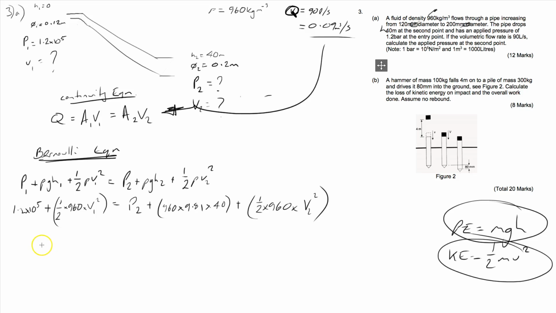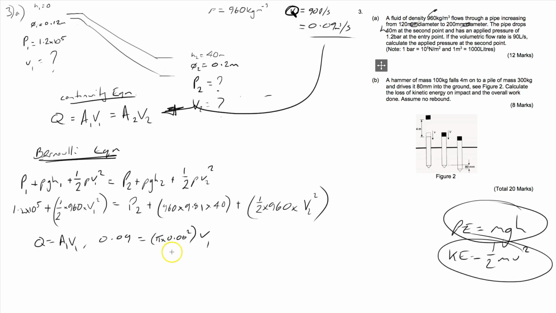So we know that if we just take the phrase Q equals A1 V1 and deal with that bit first, then we'll have 0.09 is equal to A1. Now we're not given the area, but we're given diameter, so that'll be pi times 0.06 squared times V1, which is unknown.